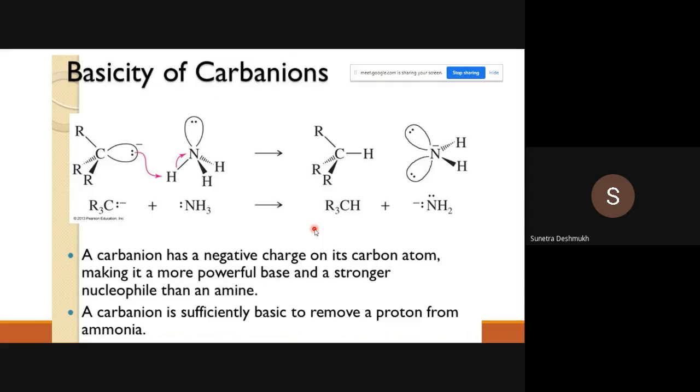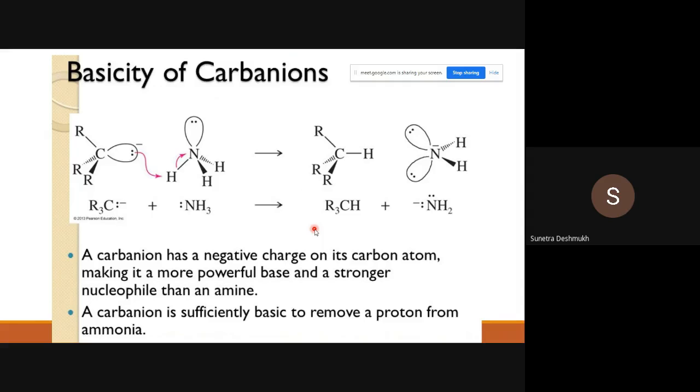It is a very strong base. The pKa value of the Grignard reagent lies between 35 and 40, so on the basis of pKa, we can say it is the strongest base.